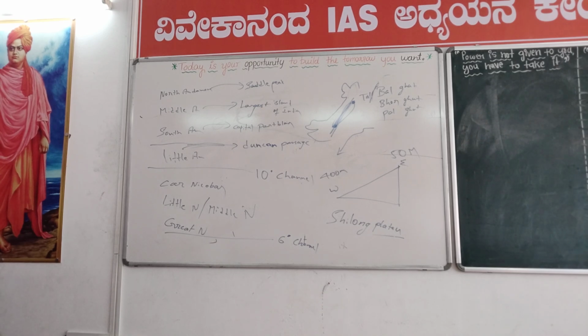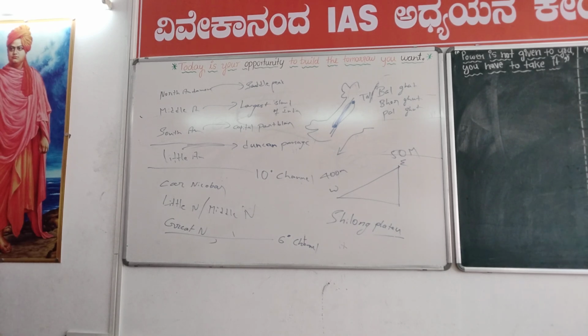Indira Point is the southernmost point of Indian territory. Indira Point. But if the question is about mainland India, it is Kanyakumari, not Indira Point. Okay. Southernmost point, Indira Point.